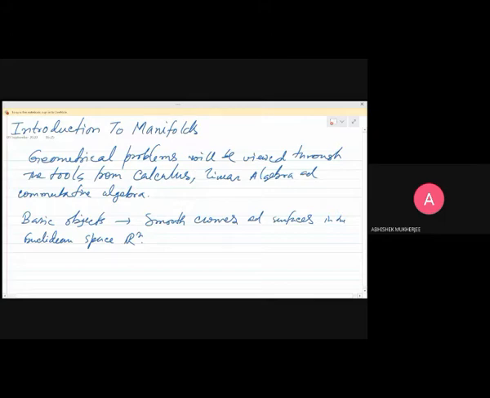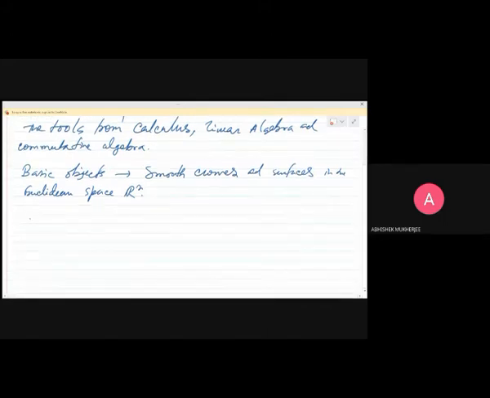Now these notions will be encompassed through an abstraction in modern times, which will be named as smooth manifolds, right?